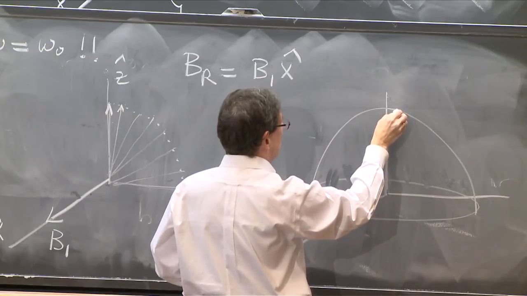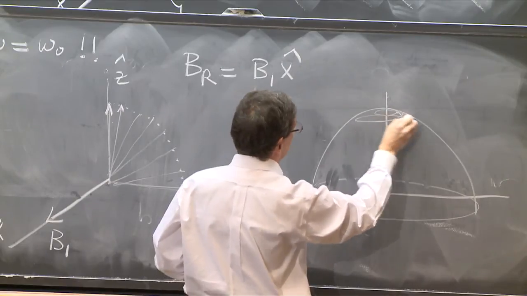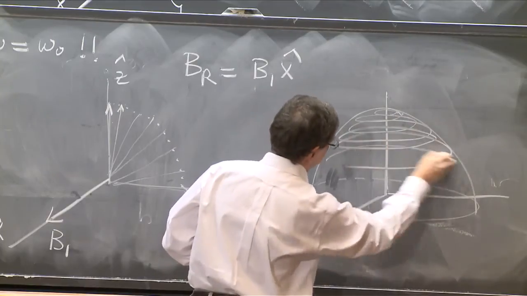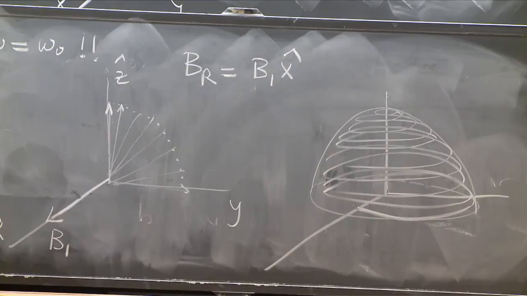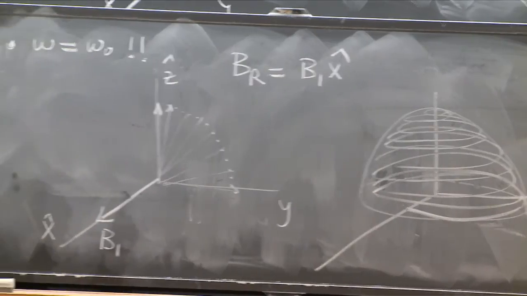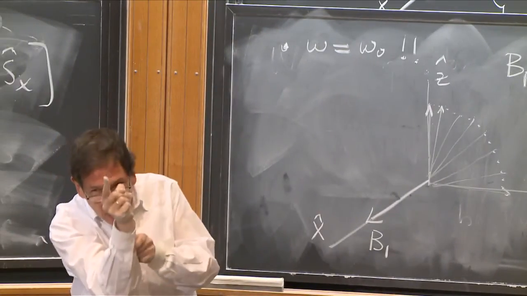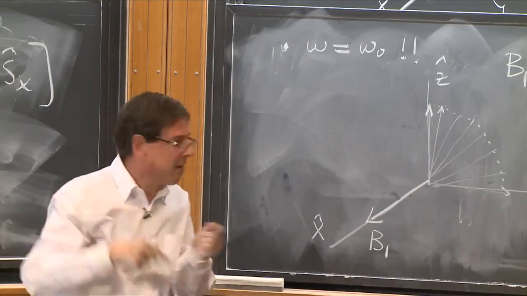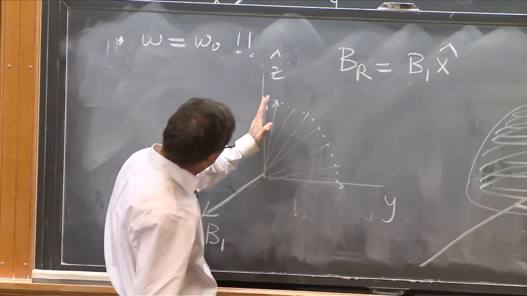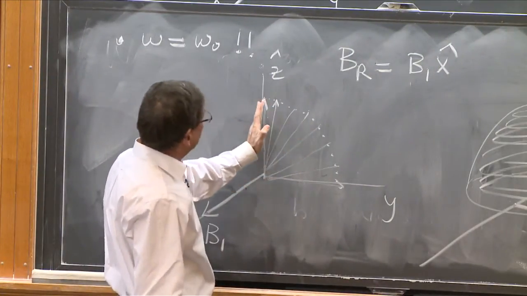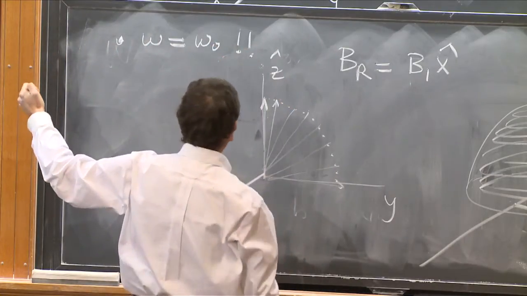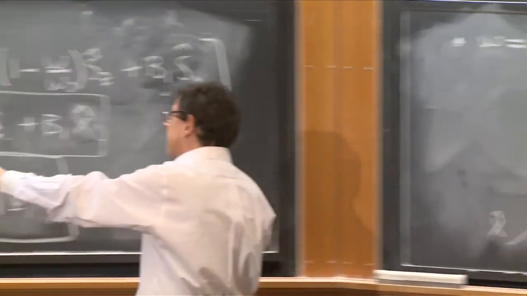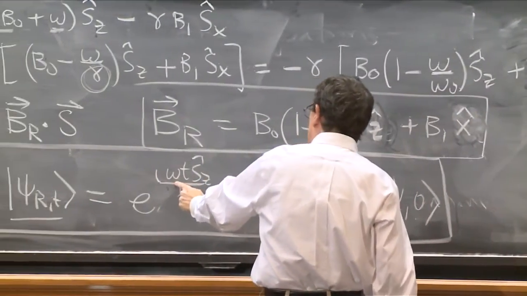So actually what's going to happen is that it's going to do a spiral. As it begins to go down, the other one rotates it. It goes down a little bit, the other one rotates it. In fact, since B1 is much smaller than B0 or omega 0, here now omega is equal to omega 0.